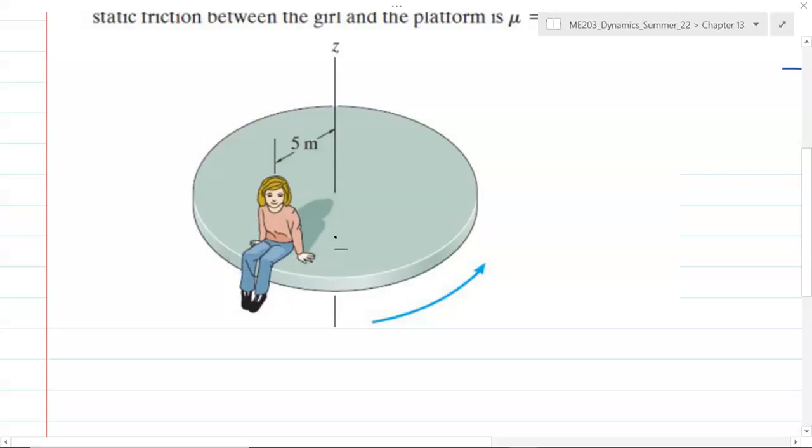So the moment where the force she experiences in the outward direction balances the friction force, that's the moment where the girl is about to slip off the platform. Now, if the speed is increased further, this force will increase, but the friction will remain same. So the girl will slide off the platform. And we need to calculate at what speed V of this platform that condition will happen.